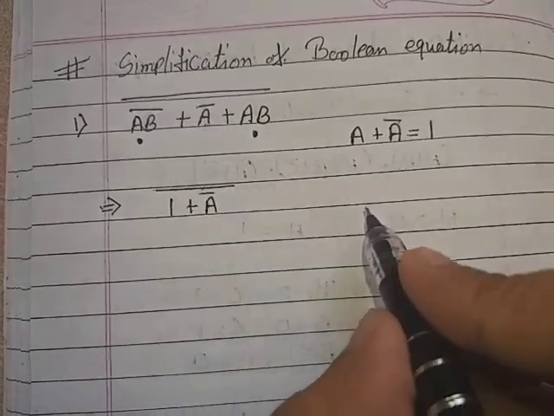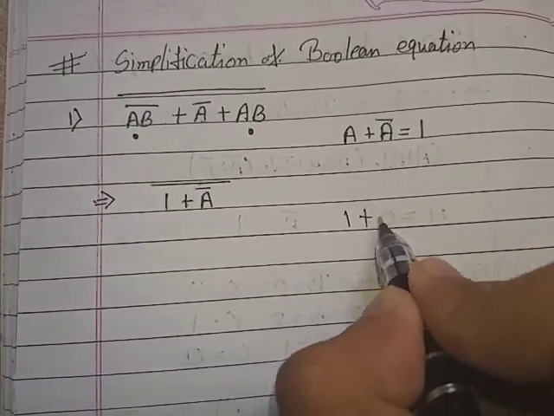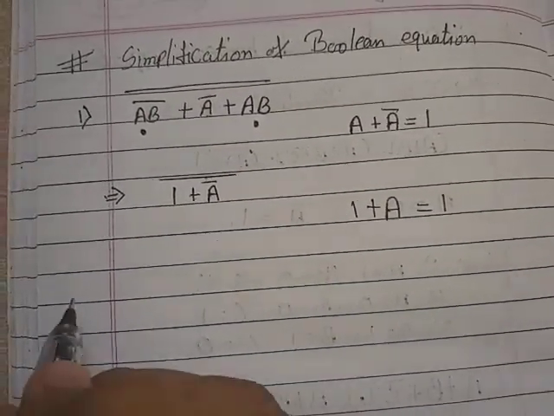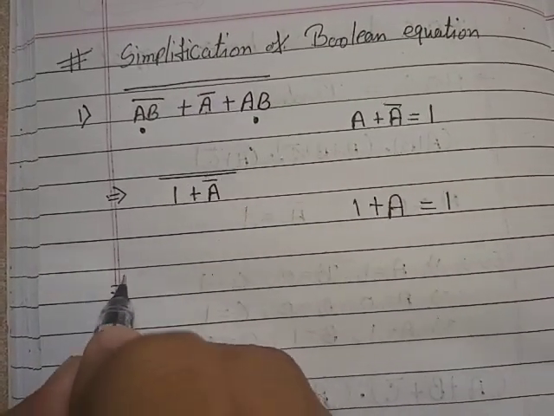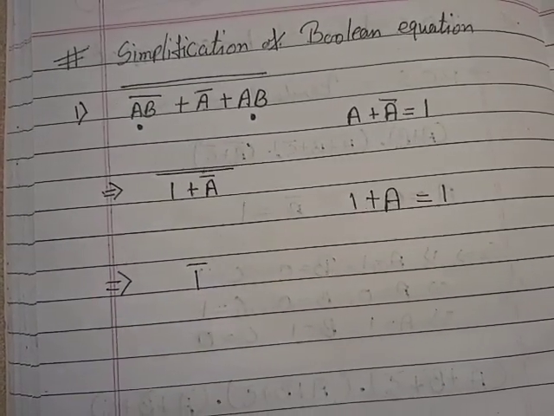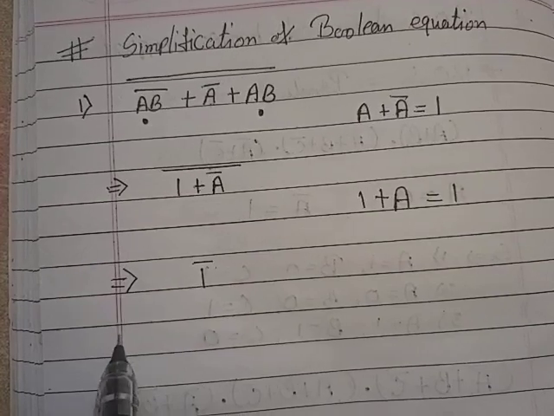Now we know that 1 plus A or A plus 1 is equal to 1. So what we get from here is 1's complement, that is 0.